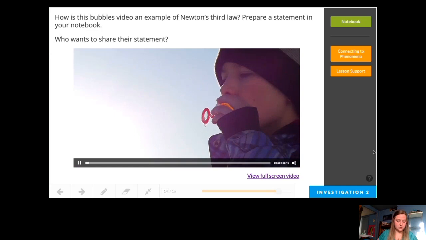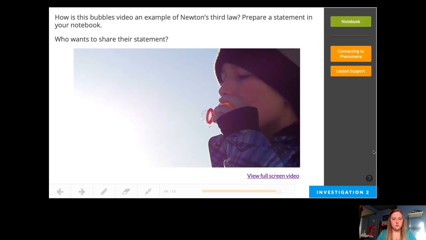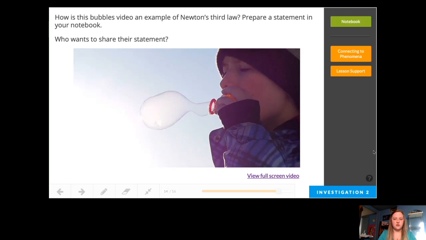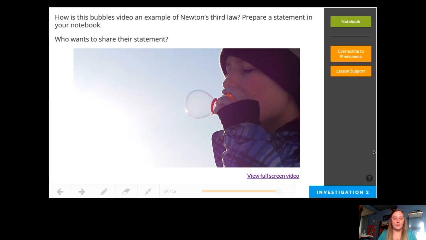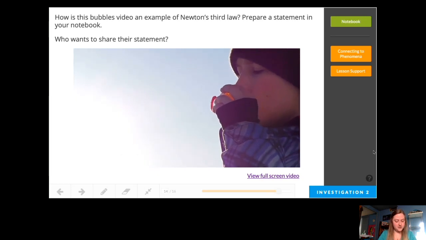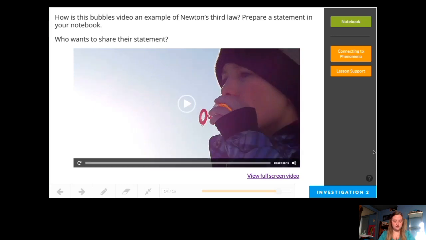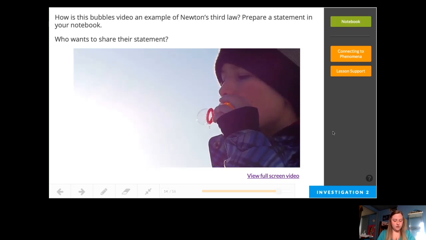So we'll play this one. Oh, so he's blowing bubbles here. I thought it was going to be a real big one there for a second. Okay, so what do you think our action force is? If you said that the air from him blowing the bubbles is the action force, you would be correct. It pushes on the soap in the wand.